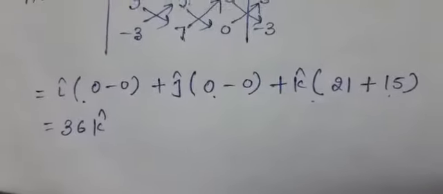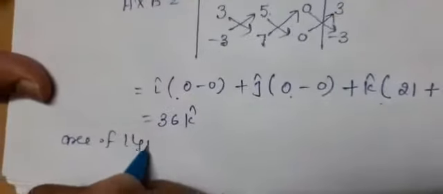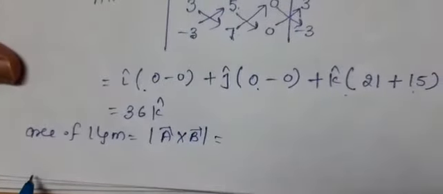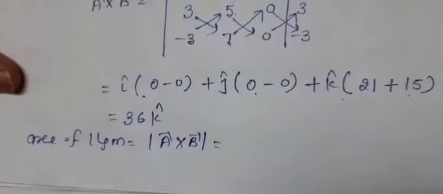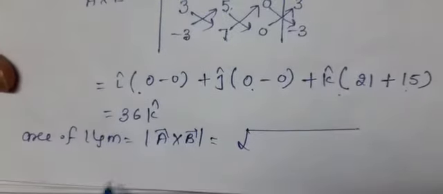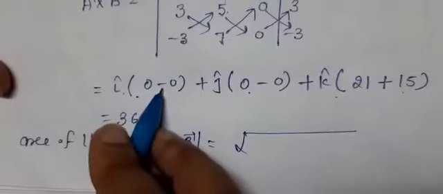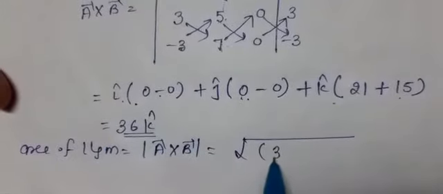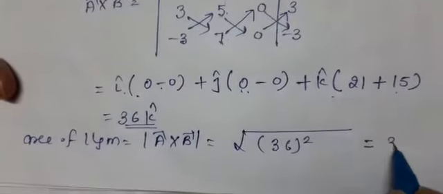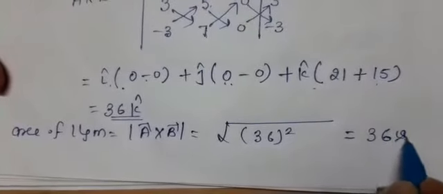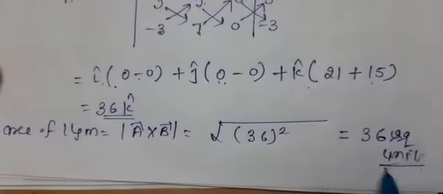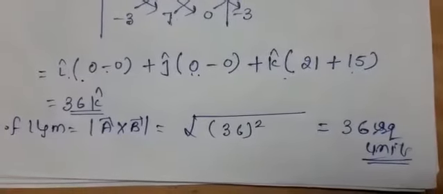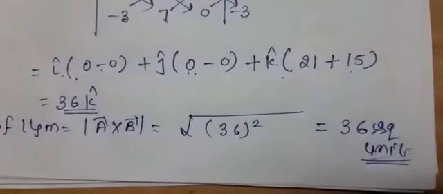Now the area of the parallelogram will be equal to the modulus of A cross B. To calculate the modulus, you take the square root of i coefficient squared, 0, j coefficient squared, 0, and we have only the k coefficient, so it will be under root of 36 squared. Solving it, we get 36 square units. This way you can calculate the area of a parallelogram whose adjacent sides are formed by the given vectors.